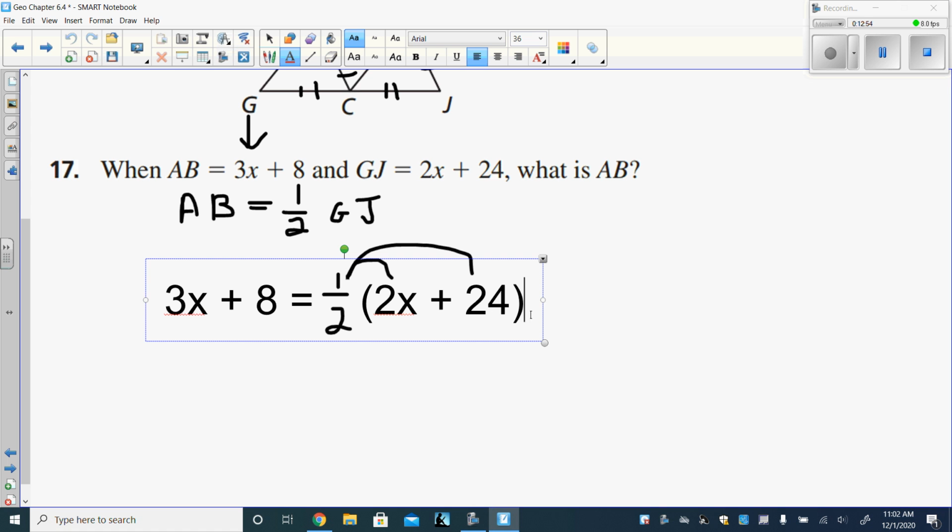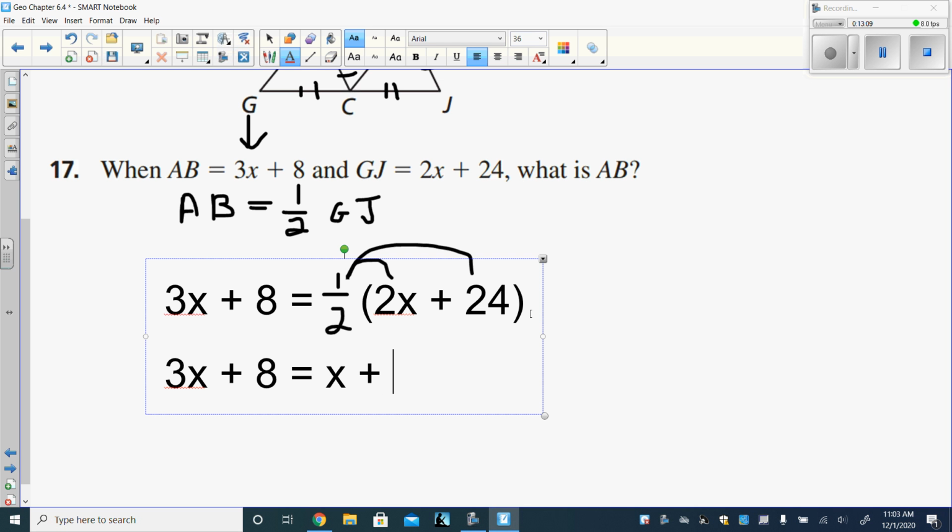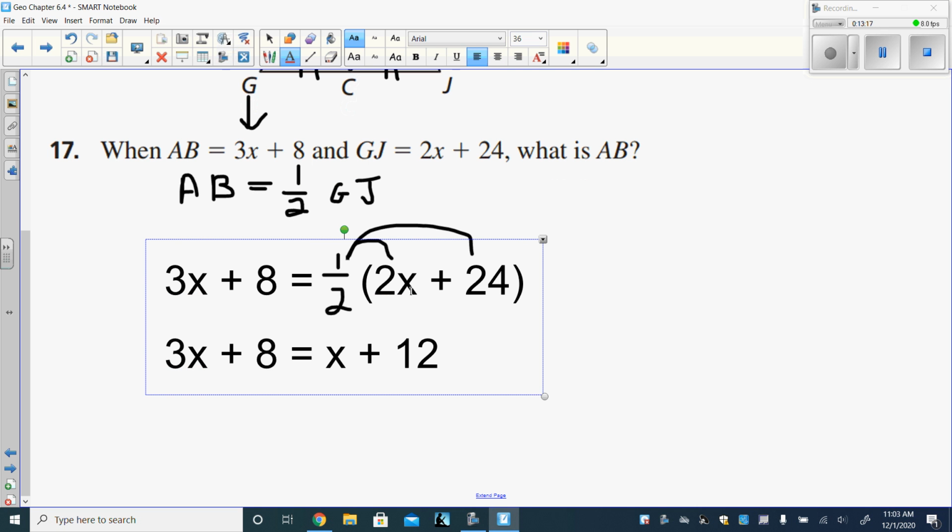So if I multiply through 1/2, well, 3x plus 8 is not going to change. Equals, well, 1/2 times 2x, 1/2 times 2 is 1, so we'll just have x, plus 1/2 times 24, or 24 divided by 2, would give me 12. So here it worked out nicely that I can multiply through by the 1/2.